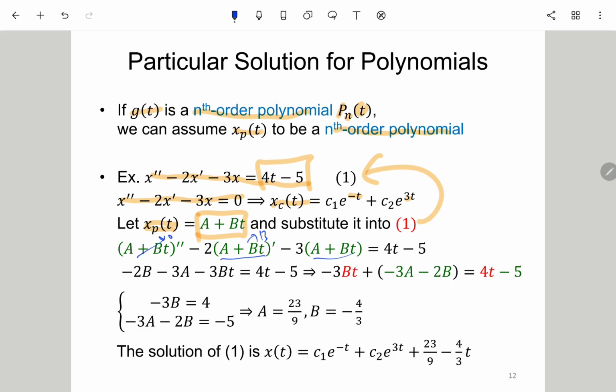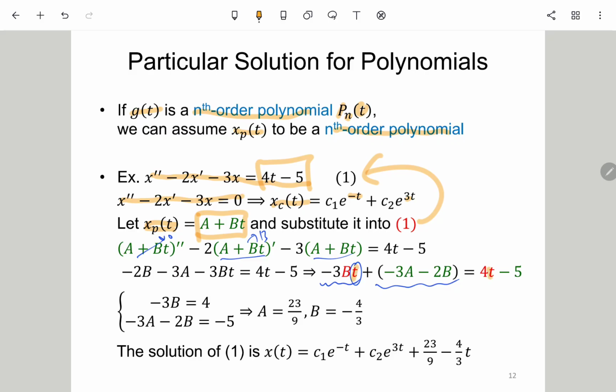So you can just collect the terms. On the left side you should have minus 3bt plus this constant. This is related to the first order t. And on the right side, of course, it is a first order polynomial, so you have t here.